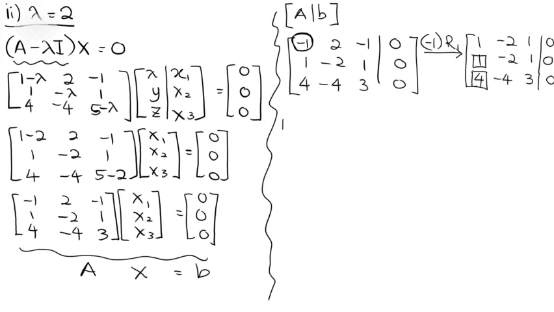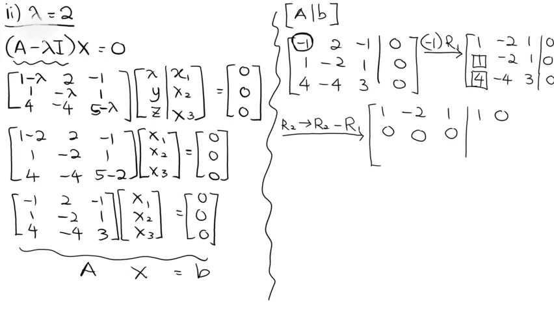So R2 equals to R2 minus R1, so 1 minus 1 is 0, negative 2 minus negative 2 is 0, 1 minus 1 is 0, 0.